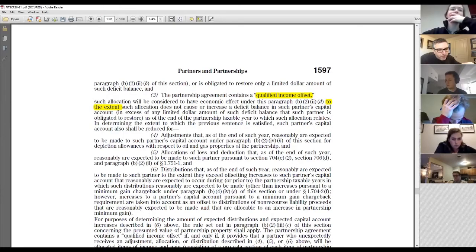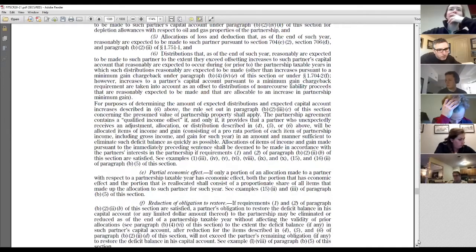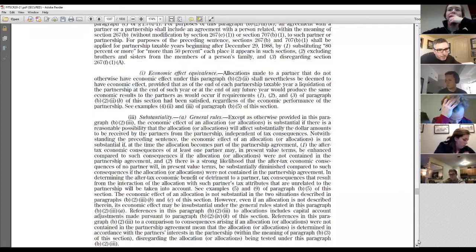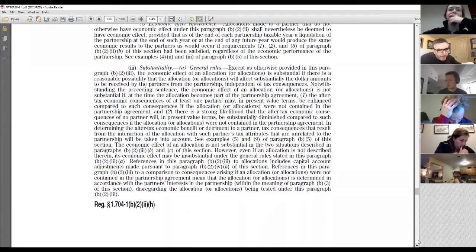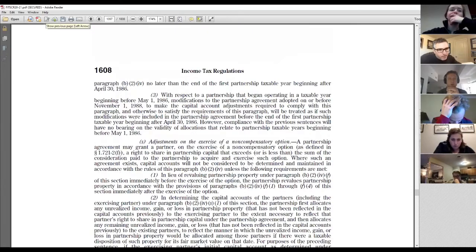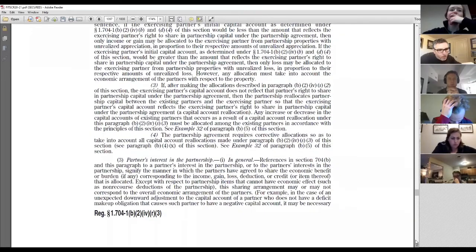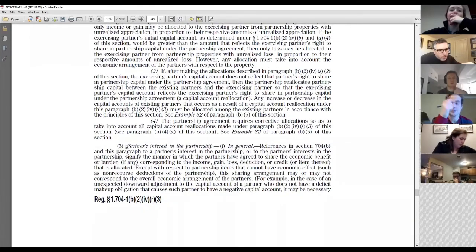So it's just down here. No. I had it right. About 10 pages forward. -1(b)(3). So about 10 pages, 12 pages after the alternate economic effect test. And the heading is Partner's Interest in the Partnership.